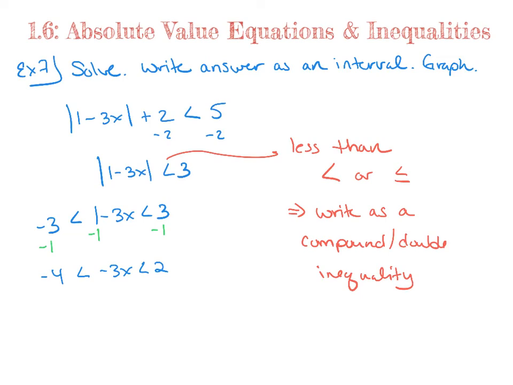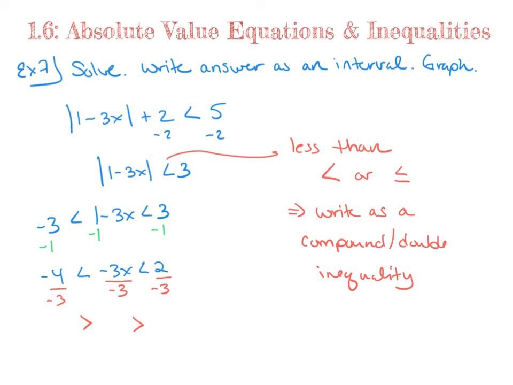Likewise, I want to divide by negative 3 to get the x isolated in the middle. Now, this is kind of dangerous, and you might remember from inequalities that whenever you multiply or divide by a negative, you switch the direction of your inequality signs. If you have a compound or a double inequality, they will always both stay or both switch together.